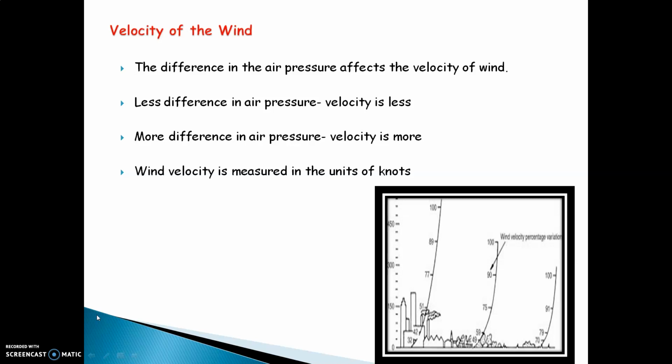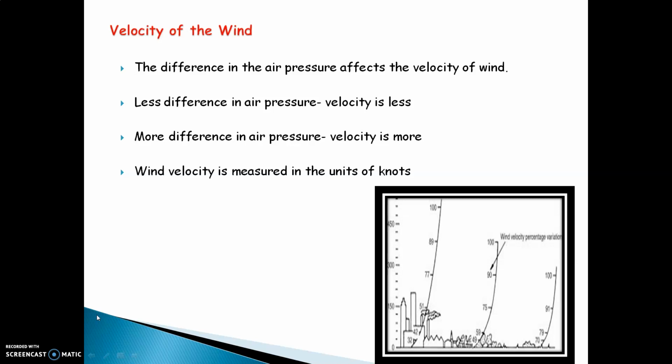I will give you an example. For example, there are two boys, one standing on the playground and one standing on the mountain. Obviously, for the boy standing on the mountain, it will be more breezy, more airy. The pressure will be more. So on the mountain, the velocity of the wind is more compared to the boy standing on the ground.